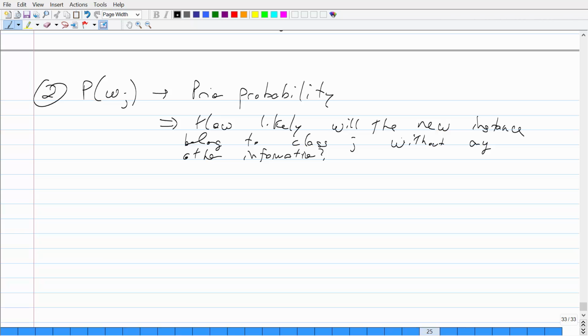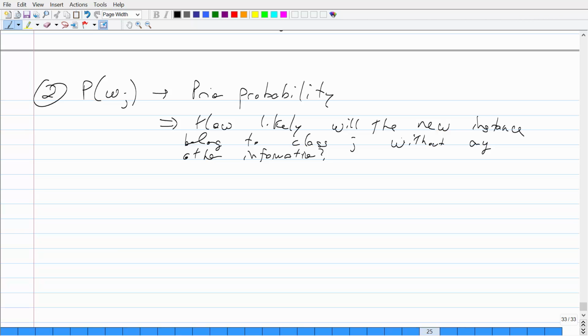How you compute the prior probability is quite simple. For each class, you just calculate the fraction of the inputs that belong to that class in terms of the total. For example, if you had 3 inputs that belong to class 1 and 5 inputs that belong to class 2, the prior probability would just be 3 over 8. So it's the fraction of all the inputs that belong to one class divided by all the inputs in total.